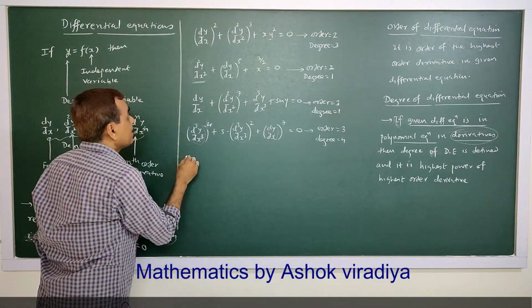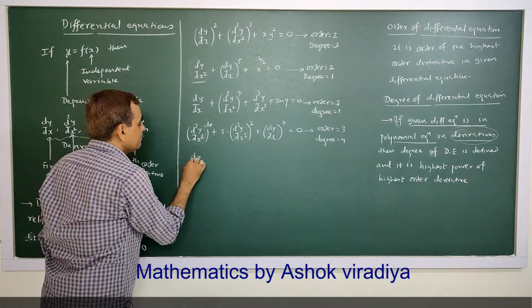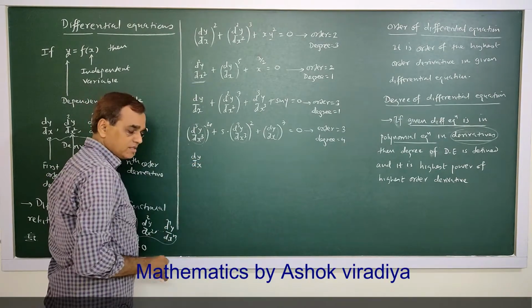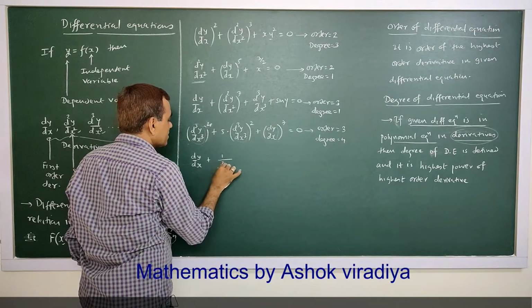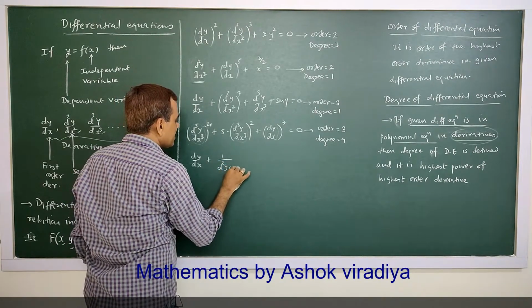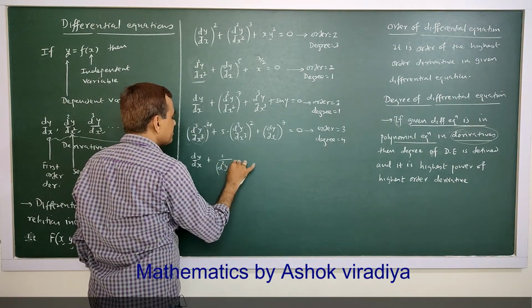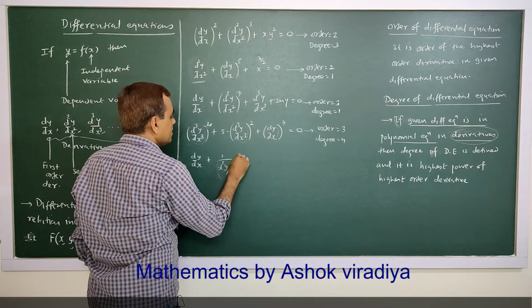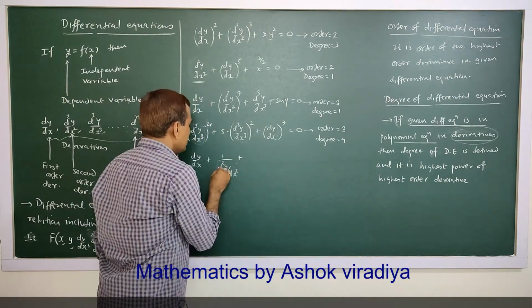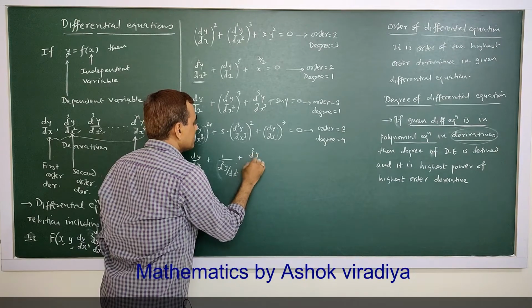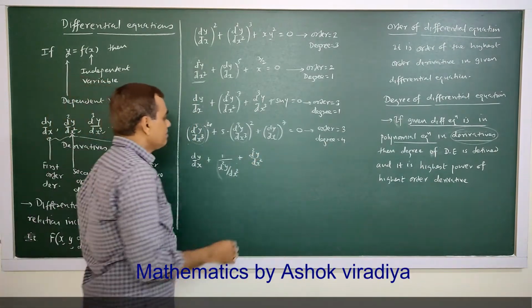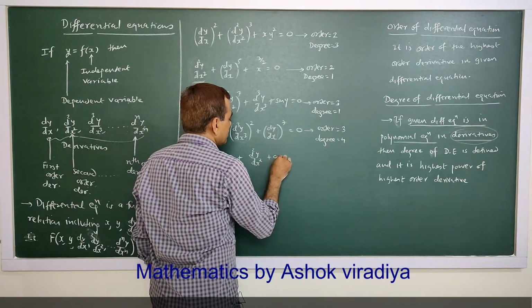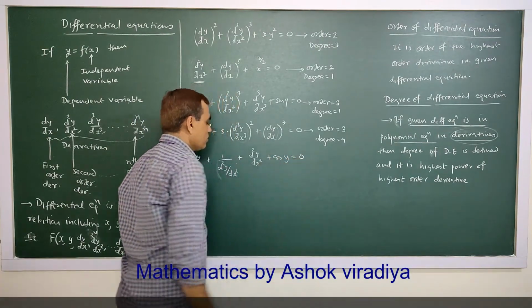Suppose I take dy/dx plus 1 upon d²y/dx² plus d²y/dx² plus cos y equal to 0.